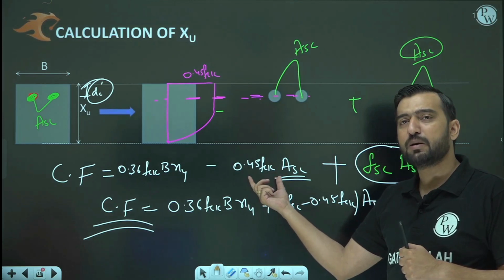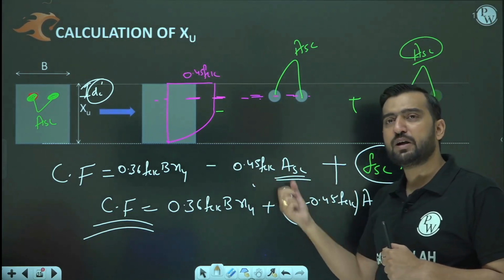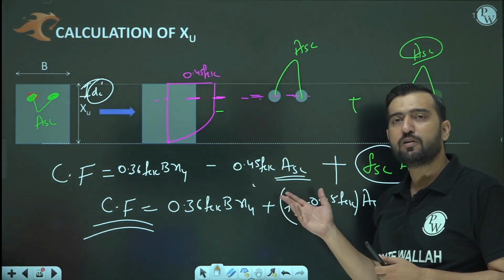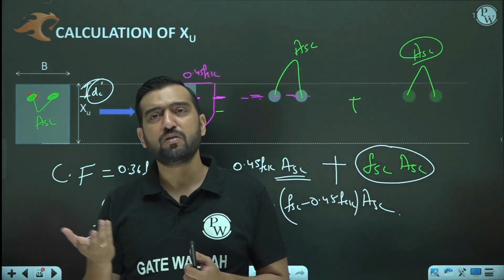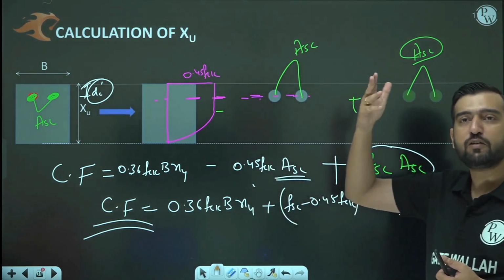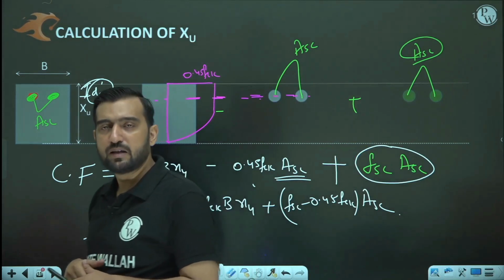If you compare this component with FSC into ASC, then this value is quite less. Are you getting it or not? Because 0.45 FCK for M25 or M30 is in the order of 10, 11, 12 like that, and FSC is in the range of 350, 340 like that. So the amount is quite less.